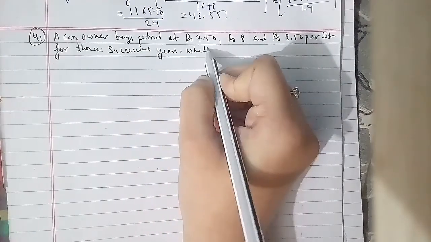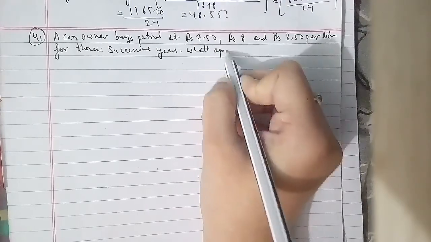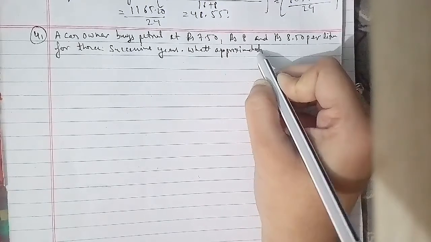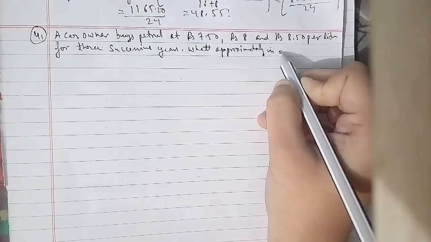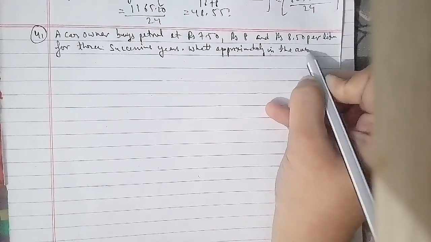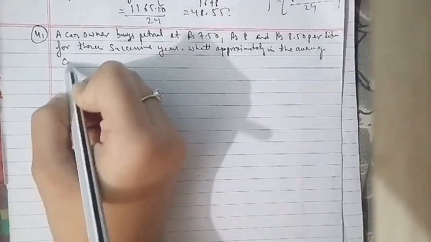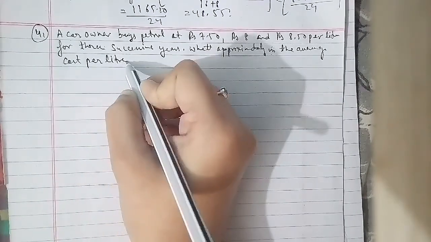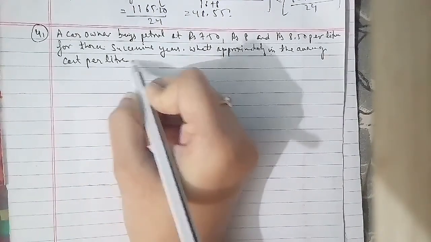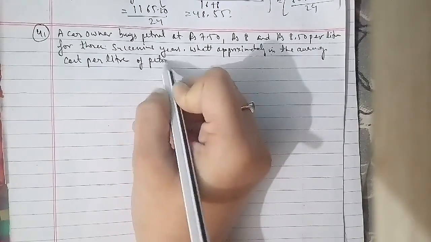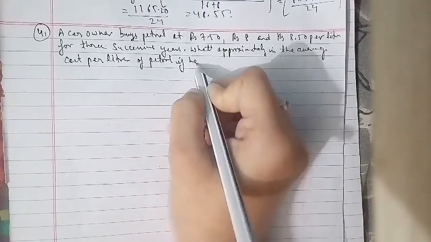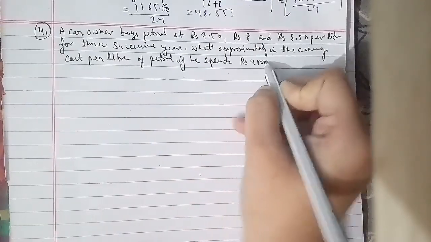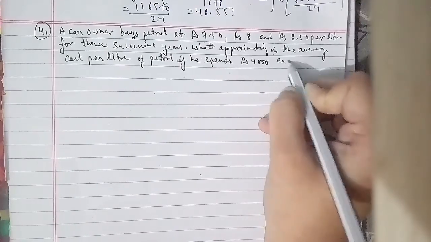What approximately is the average cost per liter of petrol if he spends rupees 4,000 each year.